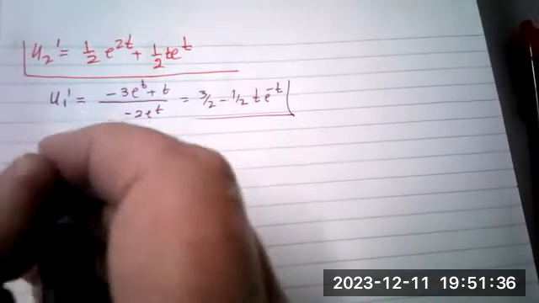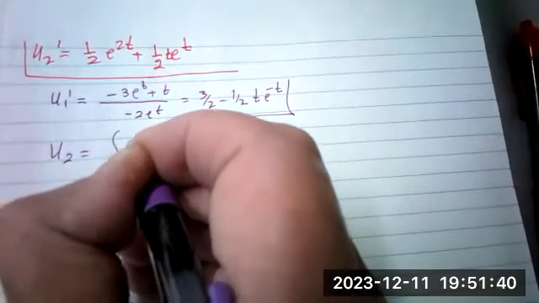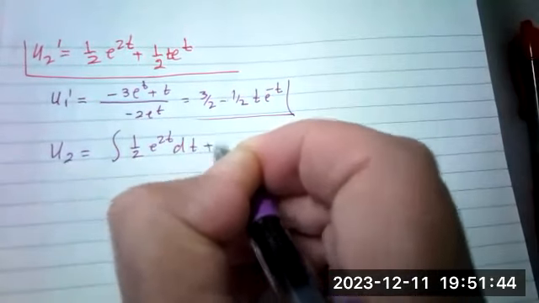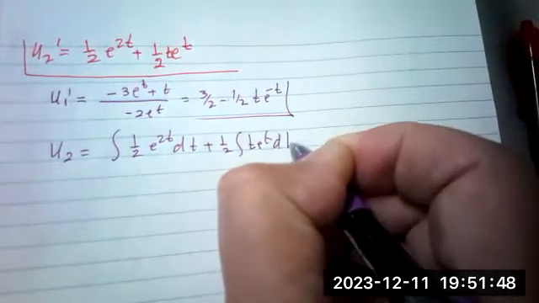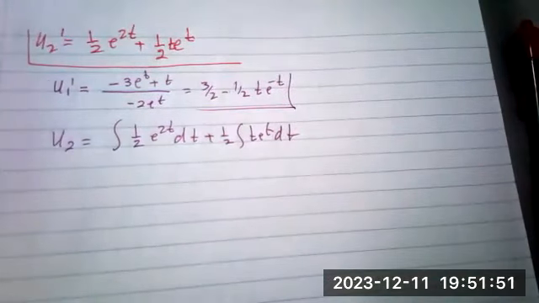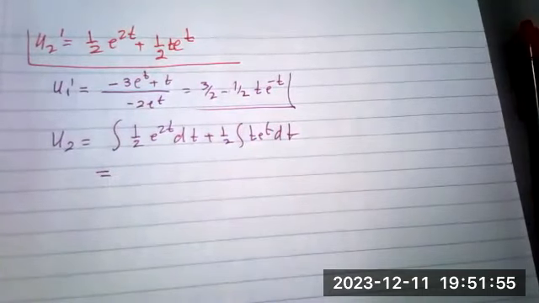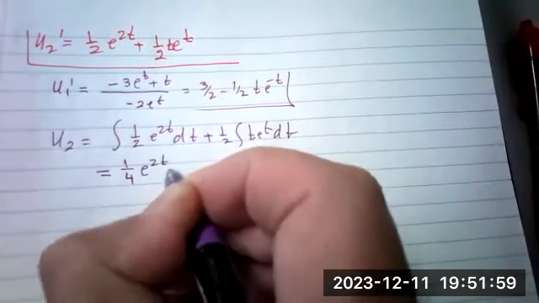Okay, you integrate it. So u2 is going to be the integral of 1/2 e to the 2t dt plus 1/2 integral of t e to the t dt. These integrals are easy to find. So the first one would be 1/4 e to the 2t plus 1/2.